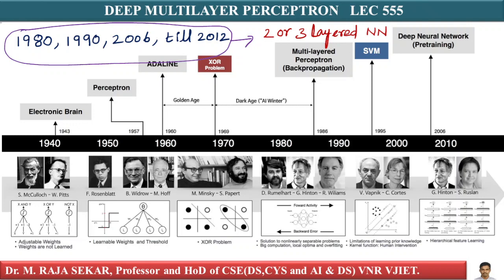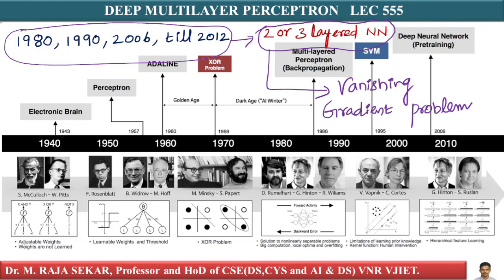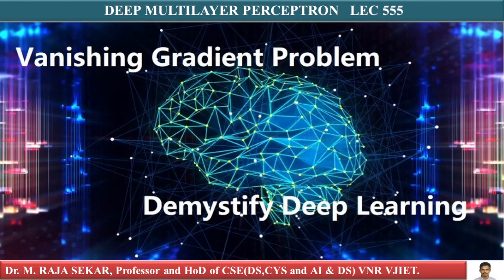One of the biggest problems with this is the vanishing gradient problem. We already discussed the vanishing gradient problem. The biggest problem they faced was the vanishing gradient problem, because this ensures that you can't build extremely deep neural networks.